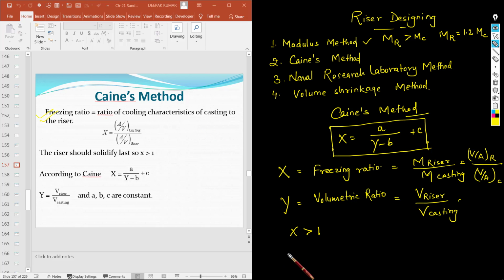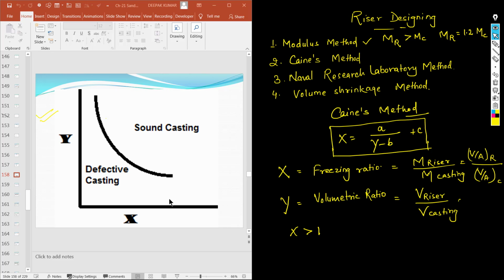And a, b and c are constants which are different for different materials. Okay, so let's move. If we plot x and y on different axes, how will it look? So y on the y axis and x on the x axis, then we will get a curve like this one. Okay, parabolic. So this gives us a boundary.